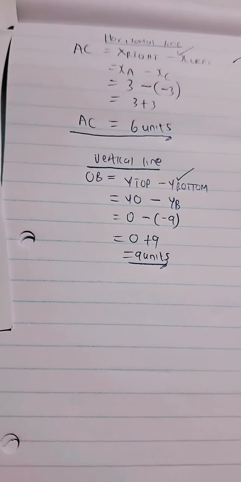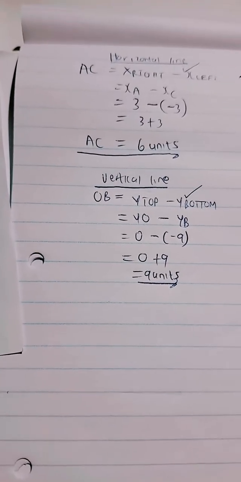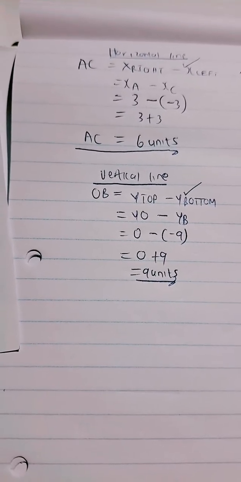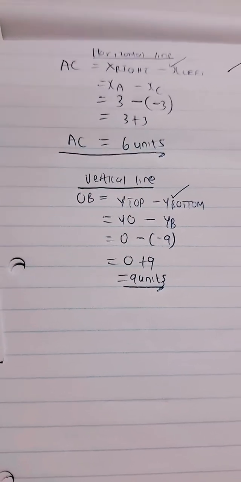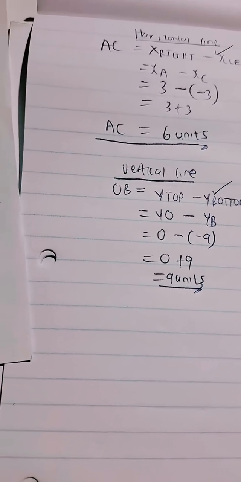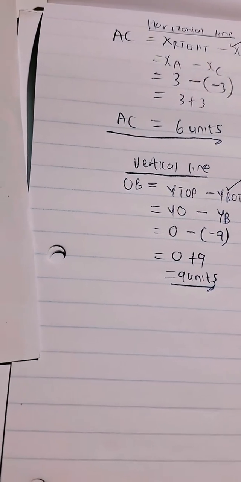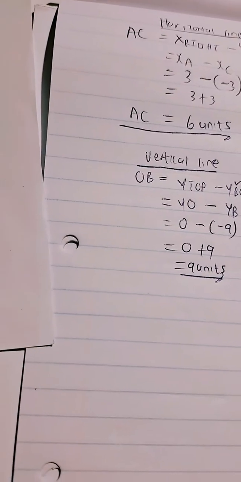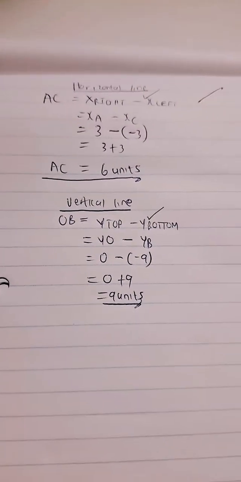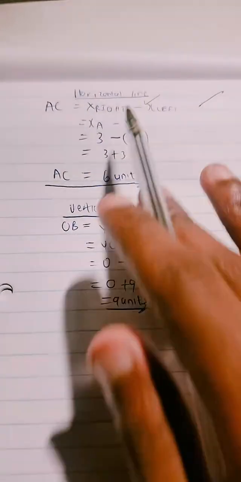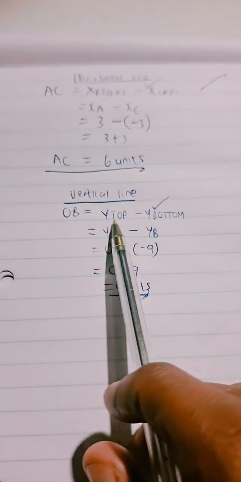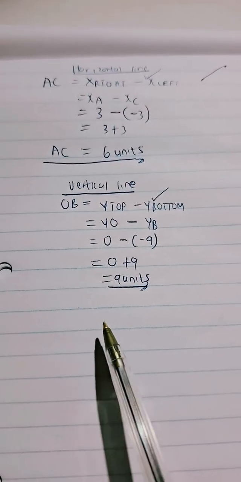Vertical line, y top minus y bottom. But if it is in any other direction, like increasing line, decreasing line, then distance formula, we have no other choice. But these ones, horizontal line, x right minus x left. Vertical line, y top minus y bottom.